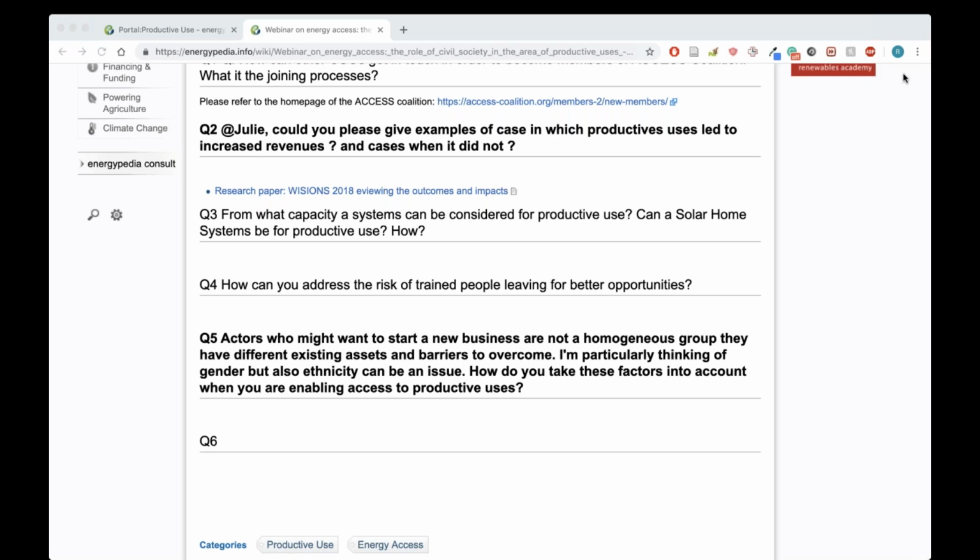It's a good question, and I completely agree. I think the key here is making sure that these factors are considered right from the beginning. When you're in a community, working with that community to identify productive use activities, those that have potential to use energy productively, it's thinking about what the different roles of men, women and various groups are in those activities, and how those activities will affect men, women, and different groups differently.